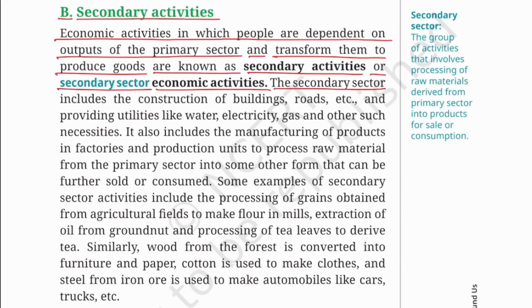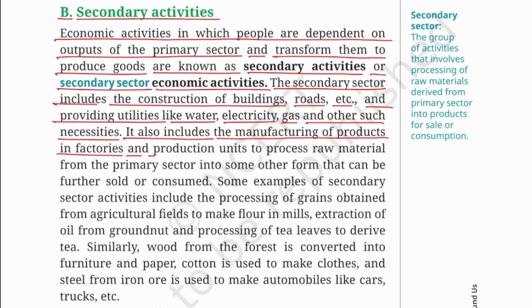The secondary sector includes the construction of buildings, roads, etc., and providing utilities like water, electricity, gas, and other such necessities. It also includes the manufacturing of products in factories and production units to process raw material from the primary sector into some other form that can be further sold or consumed.